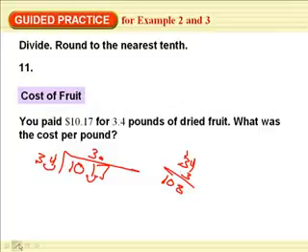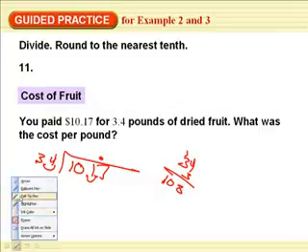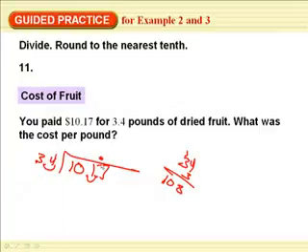Sure enough, 102. It's too much. So get rid of that. So it can only go in there 2 times, which is 68. It's going to be a 3. Bring down the 7.